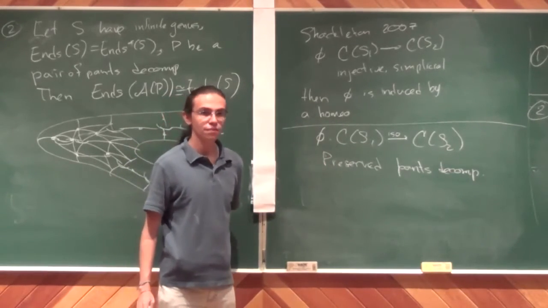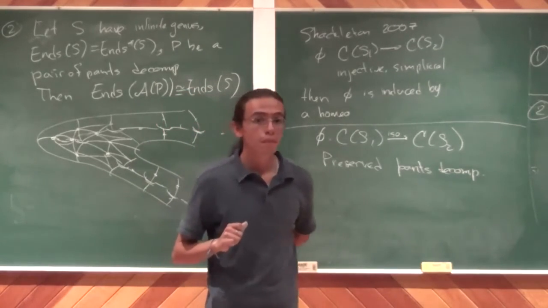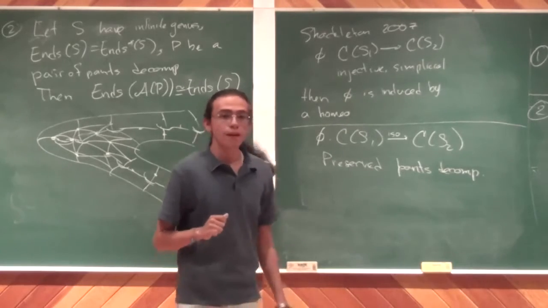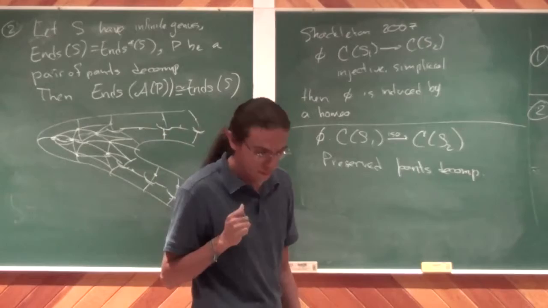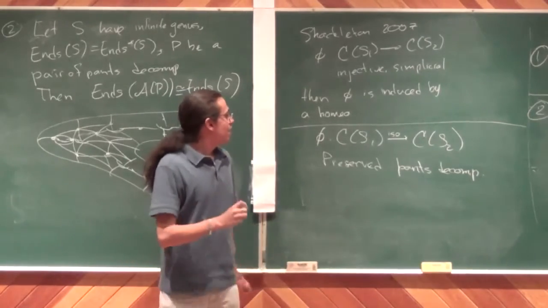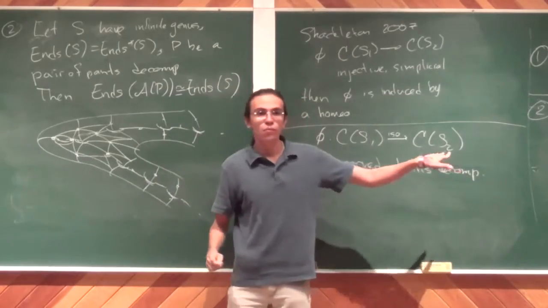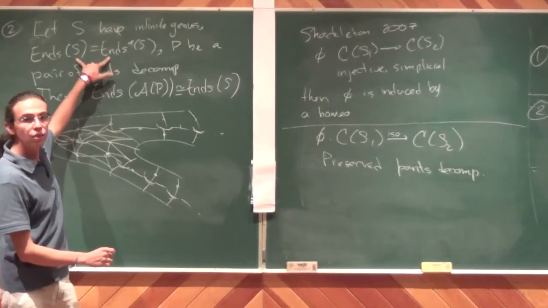You don't assume local finiteness? Sorry? You don't assume local finiteness for the pants decomposition? No, we don't assume. So you can have the pants curves accumulating to something. Okay. For S1 and S2, we are still assuming that we have genus everywhere.